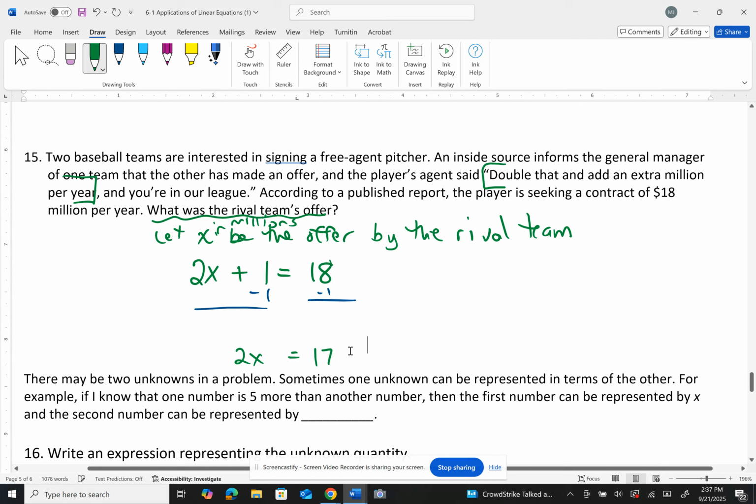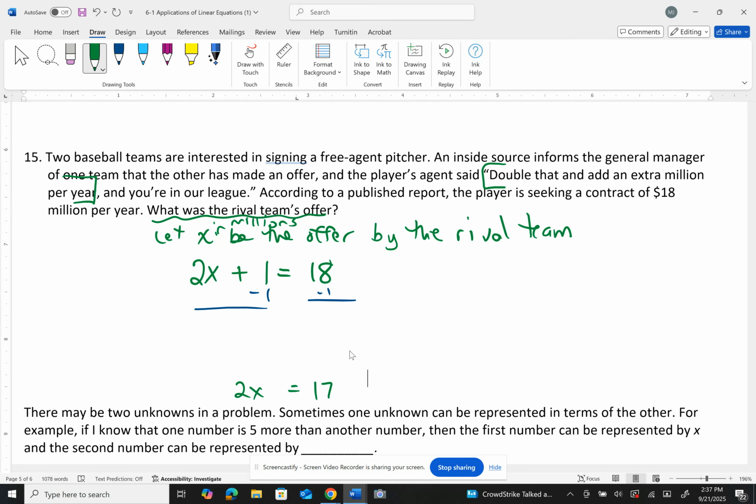So here I had 2x equals 17, and now I'm dividing by 2 on both sides. And that's going to tell me that the rival team's offer was 8.5. And remember, that's in millions.